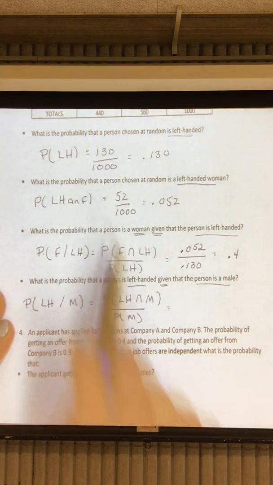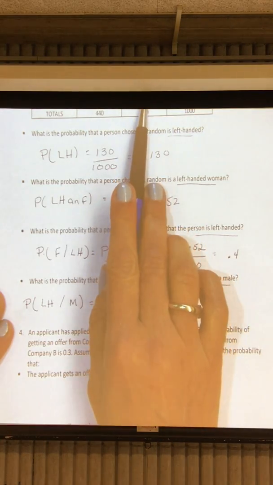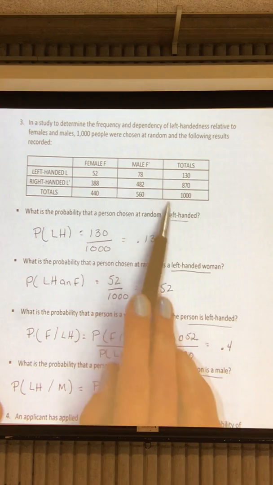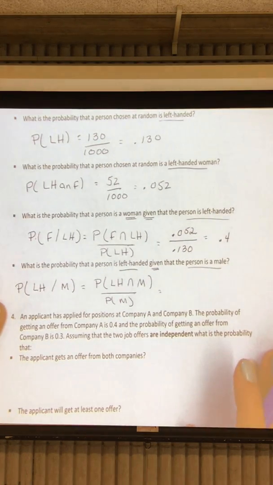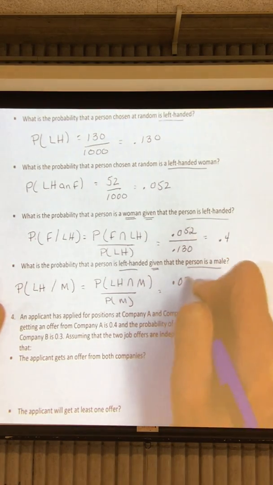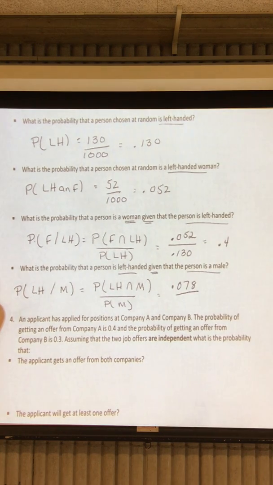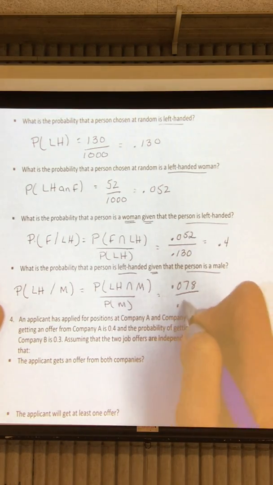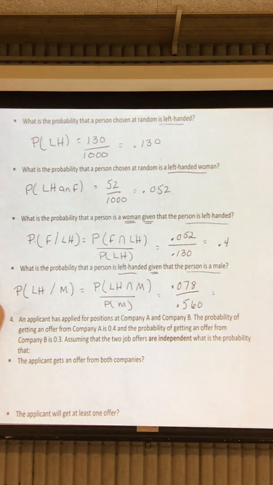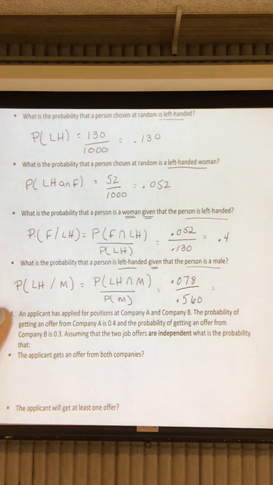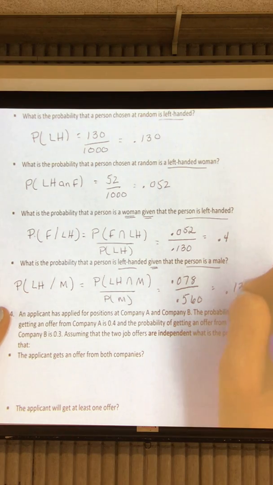So left-handed and male is 78 over 1,000, which is 0.078, over the probability of male. So total males is 560 over 1,000, which is 0.560. And doing that calculation, 0.078 divided by 0.560 is 0.139.